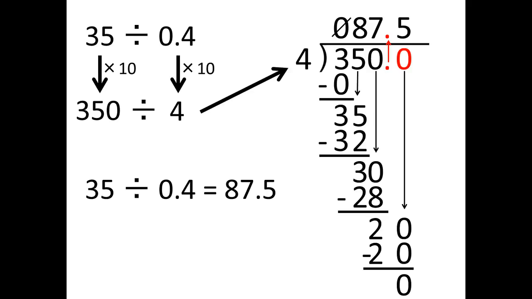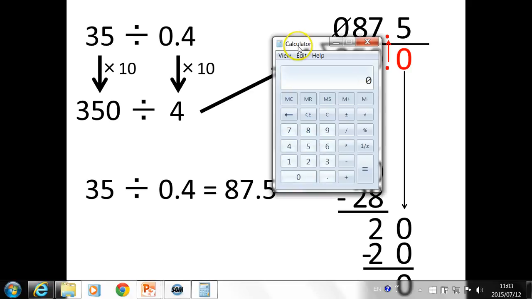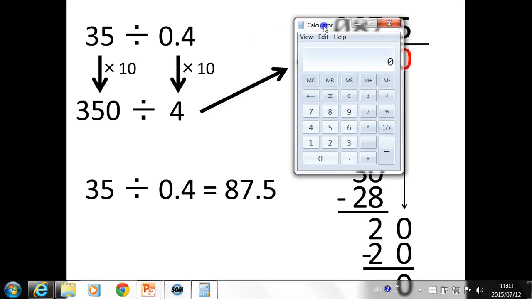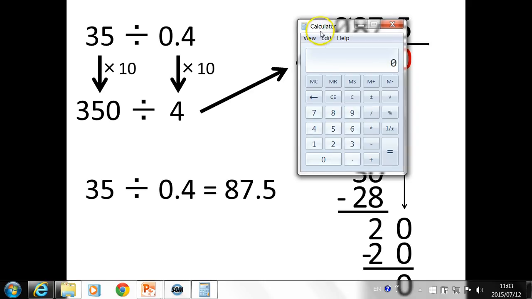Okay, and I didn't do this with the previous question, but I might just show you that our process is correct. Let me push 35 divided by 0.4, and that should be 87.5, right? That should be. Well, let's check. Equals, haha, 87.5.